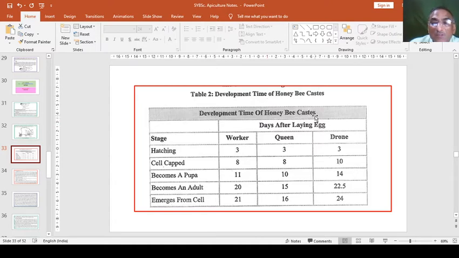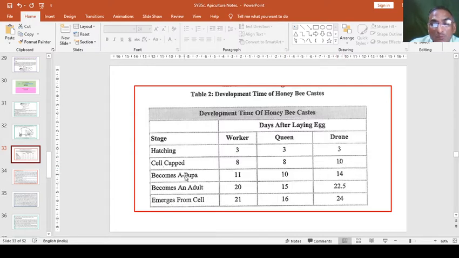The development time of honeybee caste in days after laying the eggs. Hatching period in worker bee is 3 days, queen 3 days and drone 3 days, so in all, 3 days are common. After laying eggs, the cell is capped in 8 days in worker and queen, whereas in drone it takes 2 days more, 10 days.